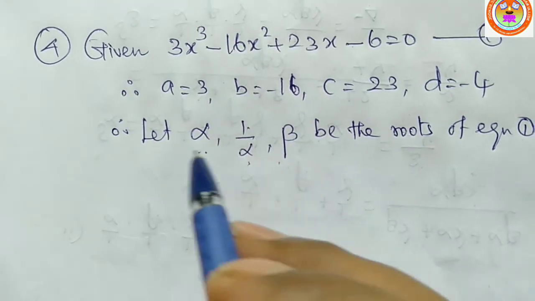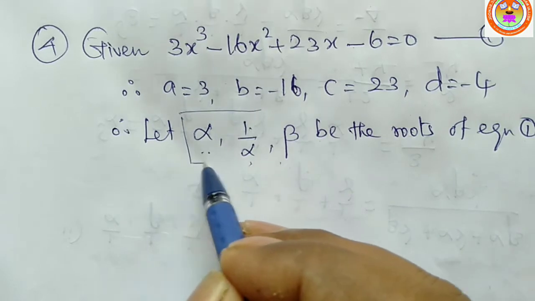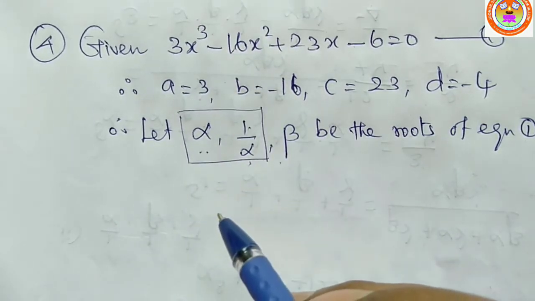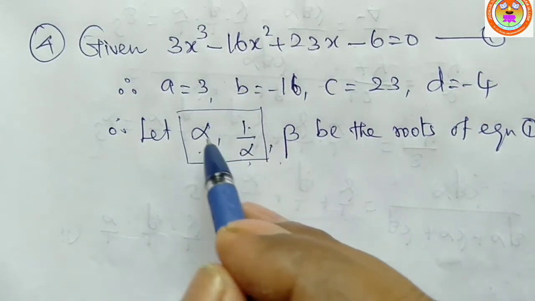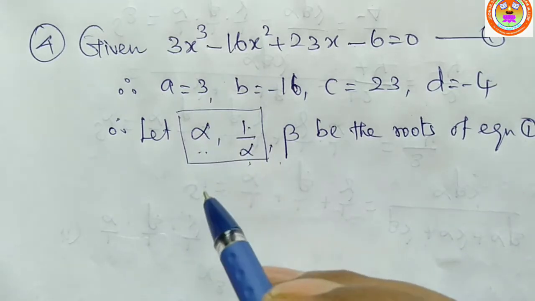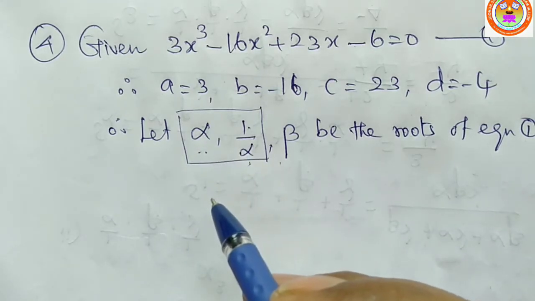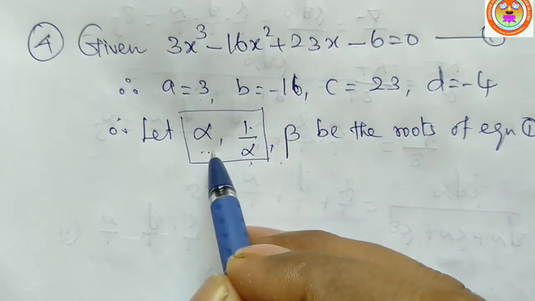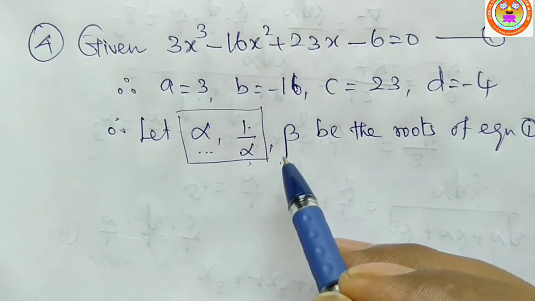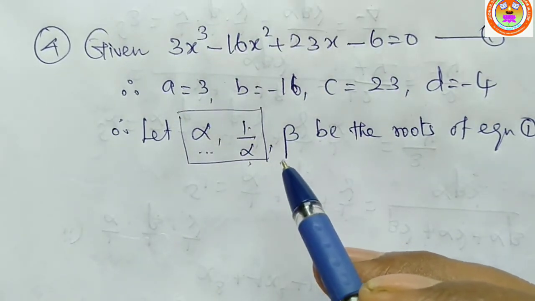Because it is given that the product of two roots is 1. If you multiply these two roots, it will be 1, right? That is why we are assuming alpha, 1 by alpha and beta as the three roots.